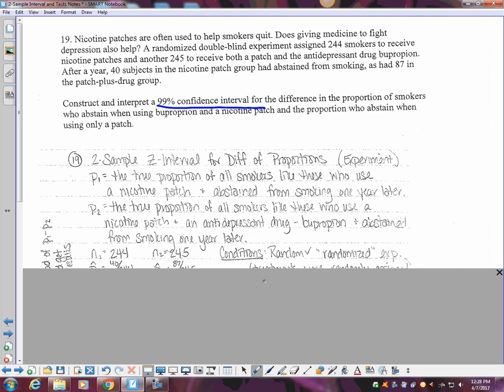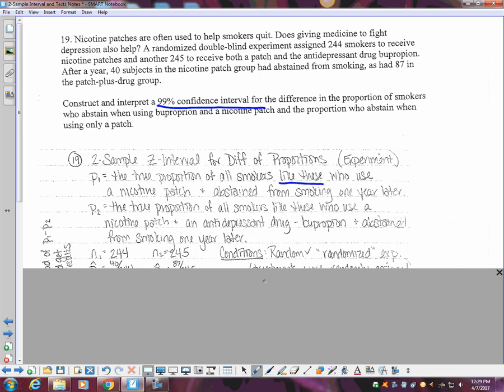P sub 1, the true proportion of all smokers like these who used a nicotine patch and abstained from smoking 1 year later. I didn't get people off the street. This is not random. I had to get people who were smokers. So my population has to have the "like these" in it, like these people that we specifically used.